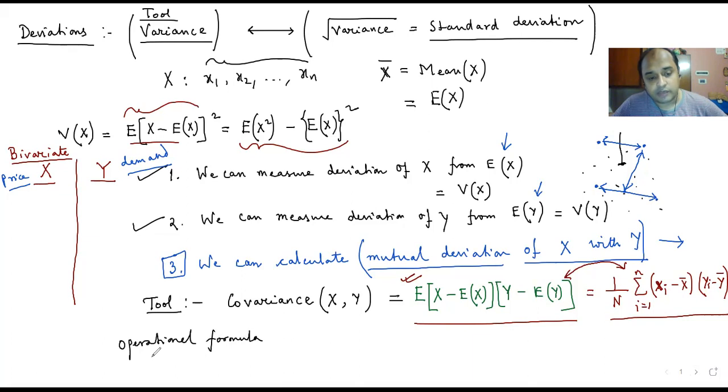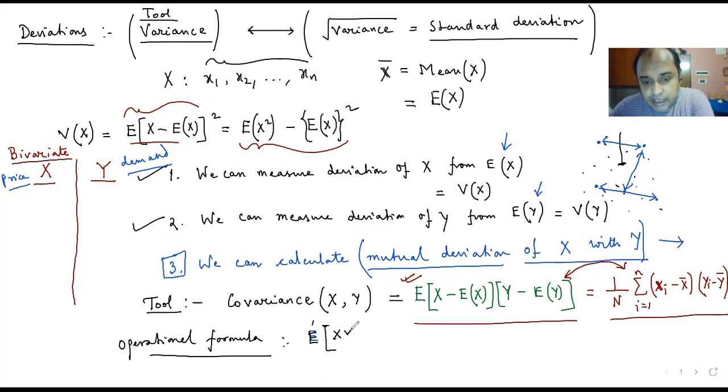So what is the operational formula that we often use in terms of expectation? It's very simple to deduce, and I'm going to show you. What you first do is multiply the terms term by term.